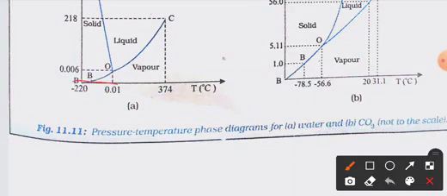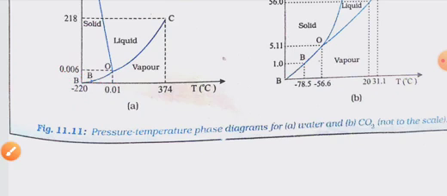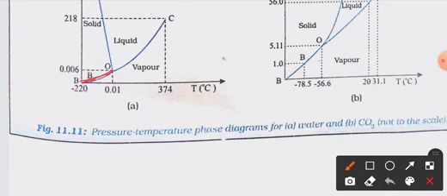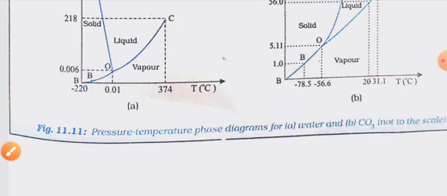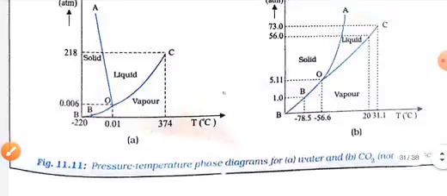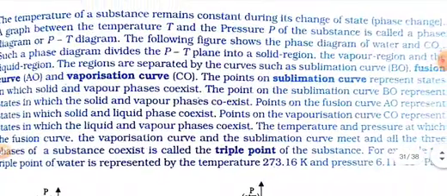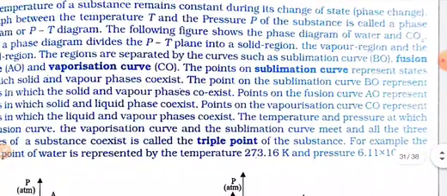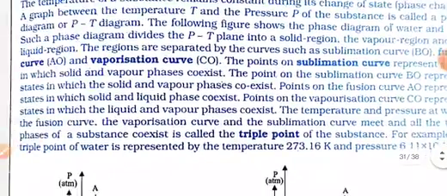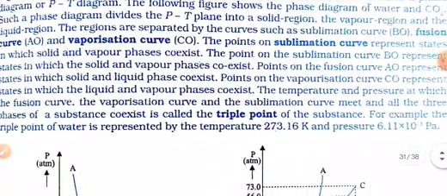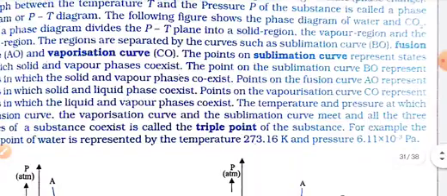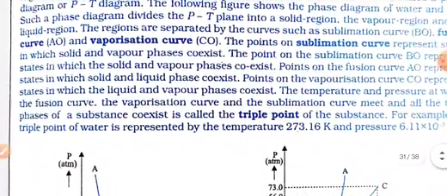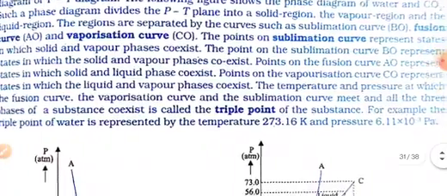Between these pressure and temperature limits, the phases solid and vapor both exist on this curve BO. That means phase changing occurs on this sublimation curve. So the points on the sublimation curve BO represent states in which the solid and vapor phase coexist.